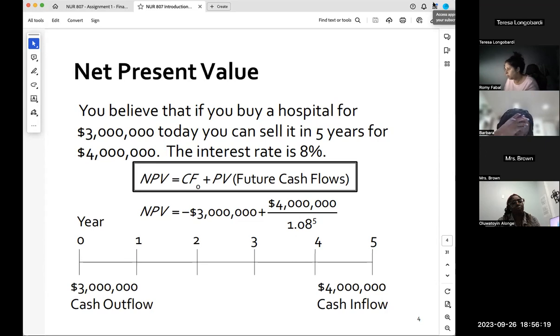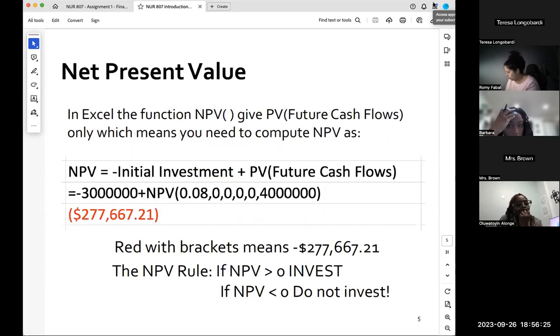To find out what this is worth, you're going to use the NPV function, noting that the NPV function in Excel is really giving you the present value of future cash flows, and that's all we really want. If we want to do the NPV function here, we would put negative 14 million to see if it's positive or negative.